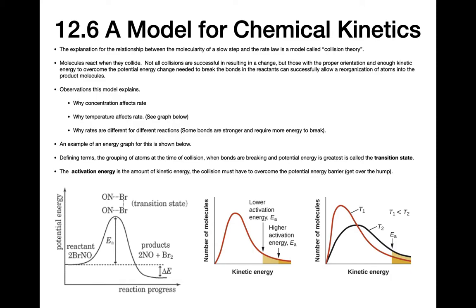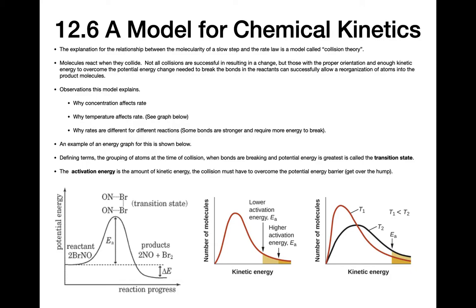So if it goes back down more than it went up, you have an exothermic process. If it goes down less than it went up on the left side, you have an endothermic process. But the height of the hill is going to determine how easy it is for a collision to have enough energy to get over the hump. If you have a high energy hill, okay, so let's get some terminology down here.